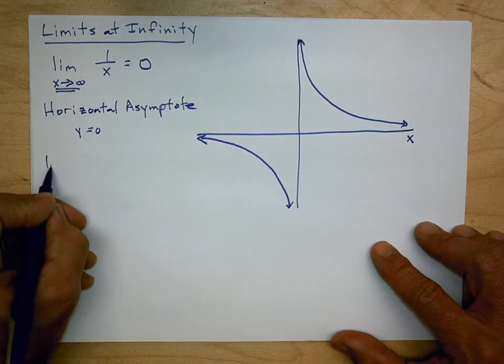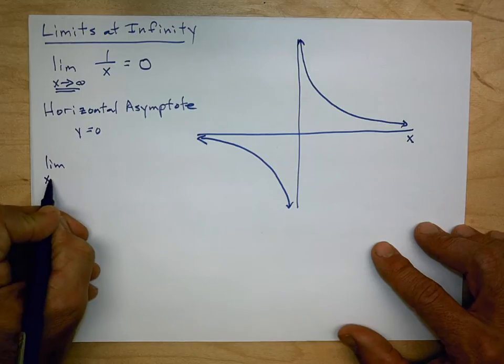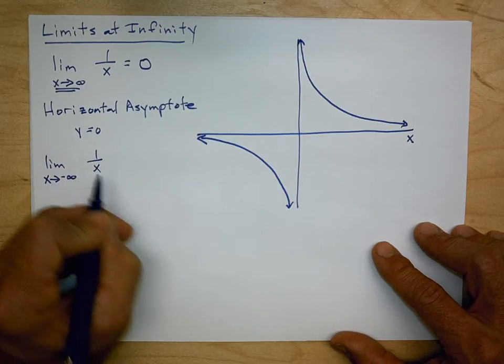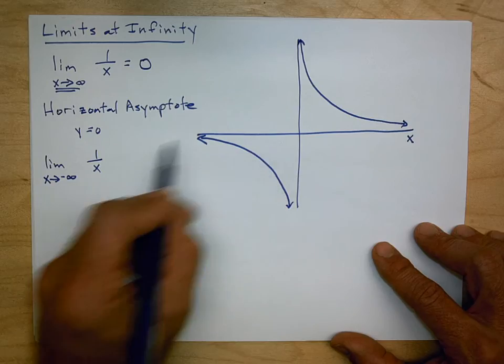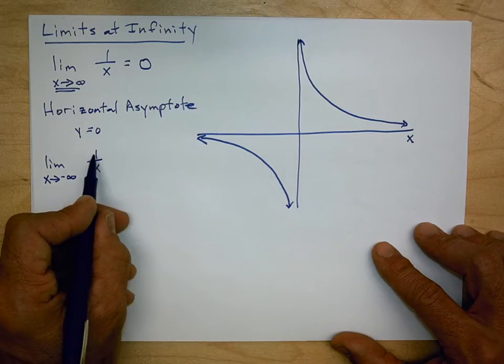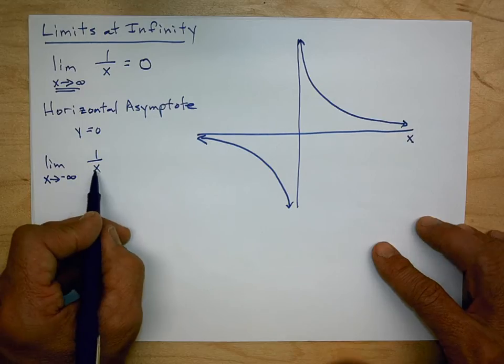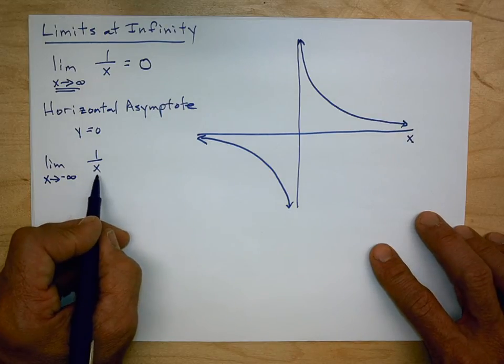We can also look at it to the left. We could take the limit as x goes to negative infinity of 1 over x. Here, we're dividing by negative values. But again, if I divide by negative 10, I get negative 1/10. Divide by negative 100, I get negative 1/100th, and so on.